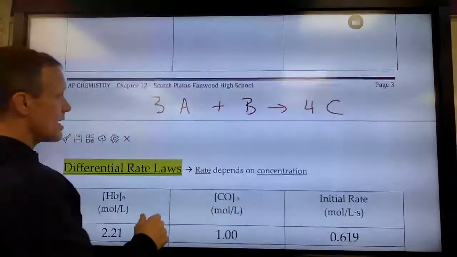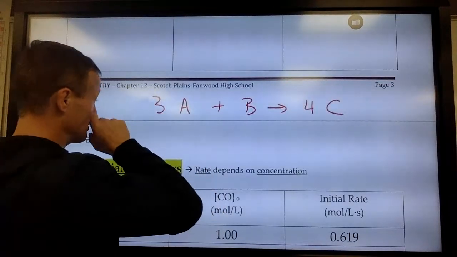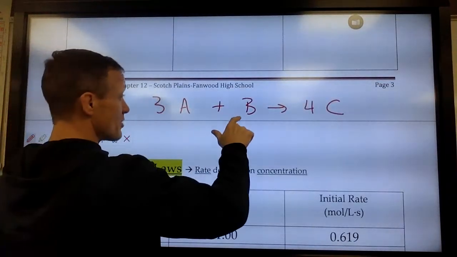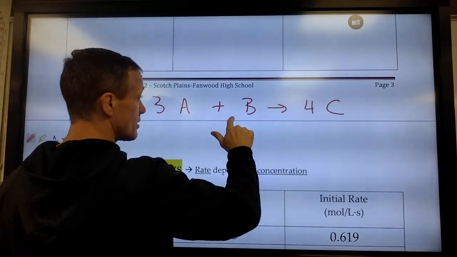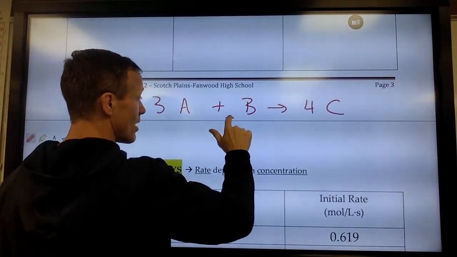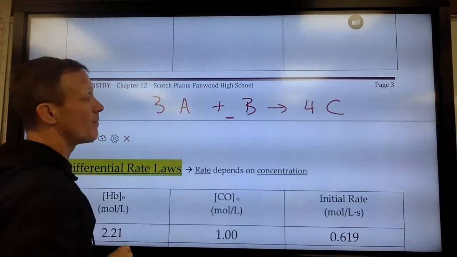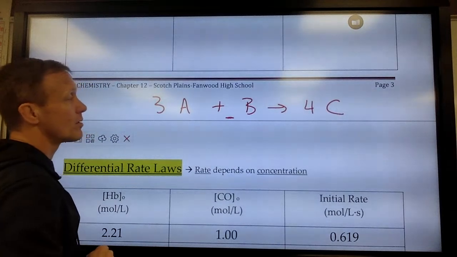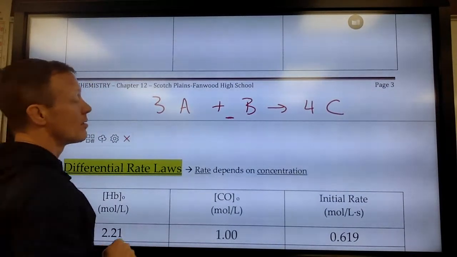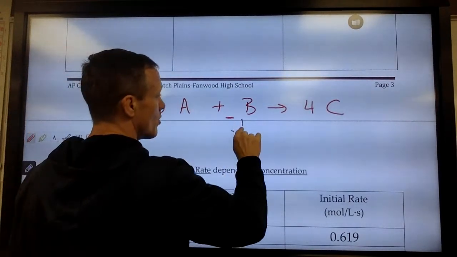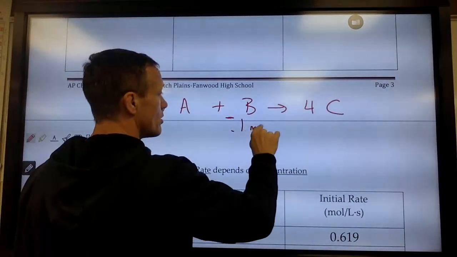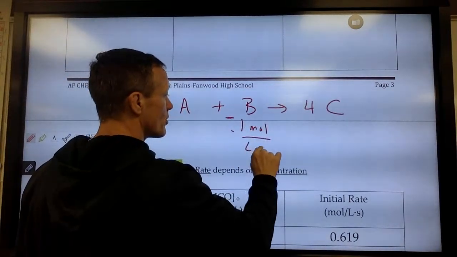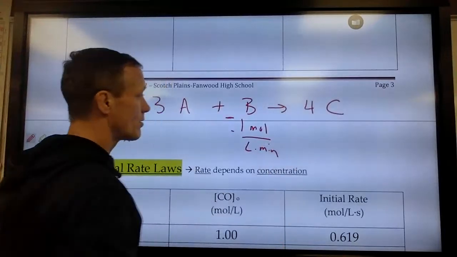And let's say B is decreasing, going down by 0.1 mole per liter per minute.